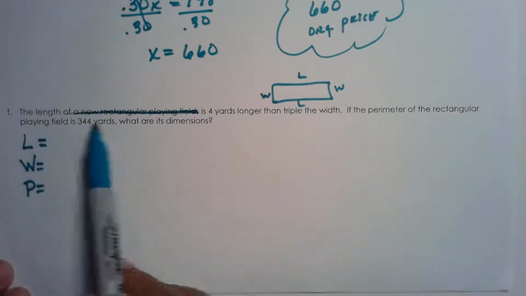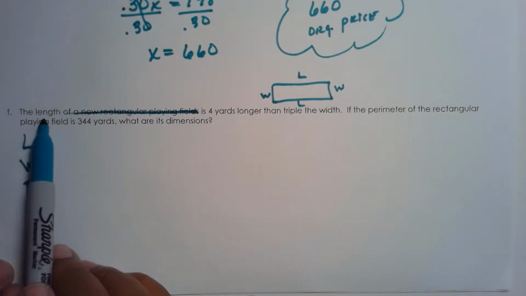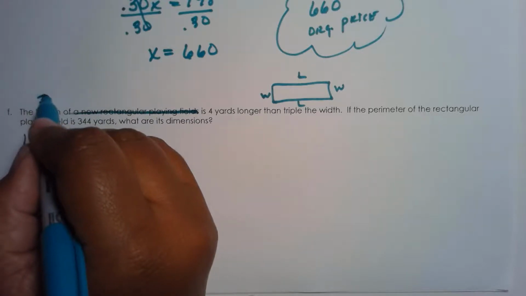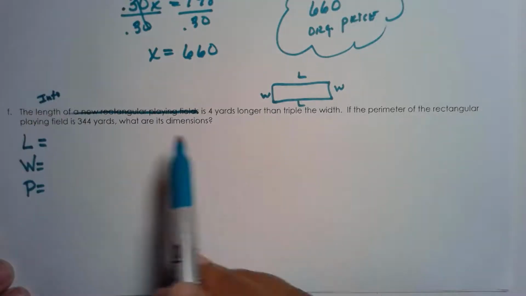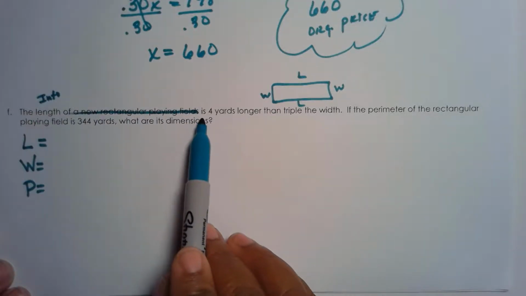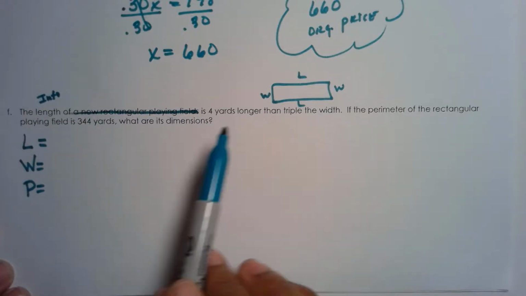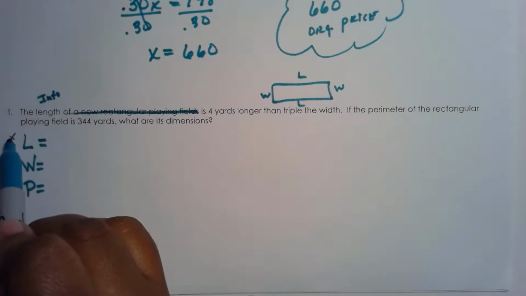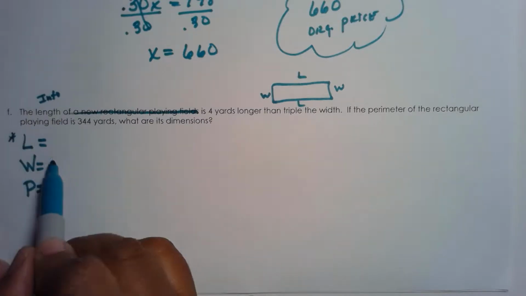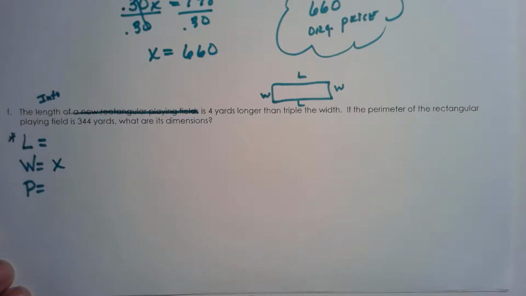But look at what is giving us some information about the length. The length is equal to 4 yards longer than triple the width. So if they're giving us information about the length, then they're not telling us anything about the width. So we're going to let W, the width, be X.